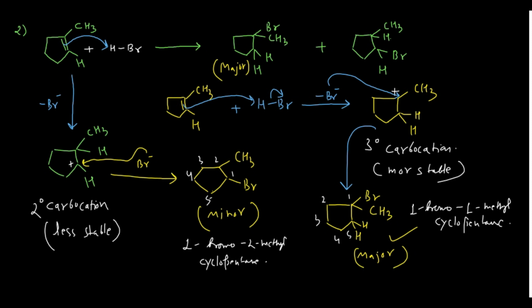So this is 1-bromo-2-methyl, this is 1-bromo-1-methyl. Again the position of Br is changing. So these two are positional isomers, that means regioisomers. So the reaction is the regioselective reaction, right? This reaction is the regioselective reaction.